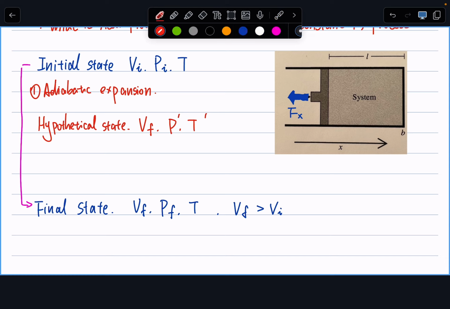Right, and the second part involves, well, now my final volume is the same as the final volume we want. We're talking about an isochoric heat transfer between my hypothetical state and my final state.